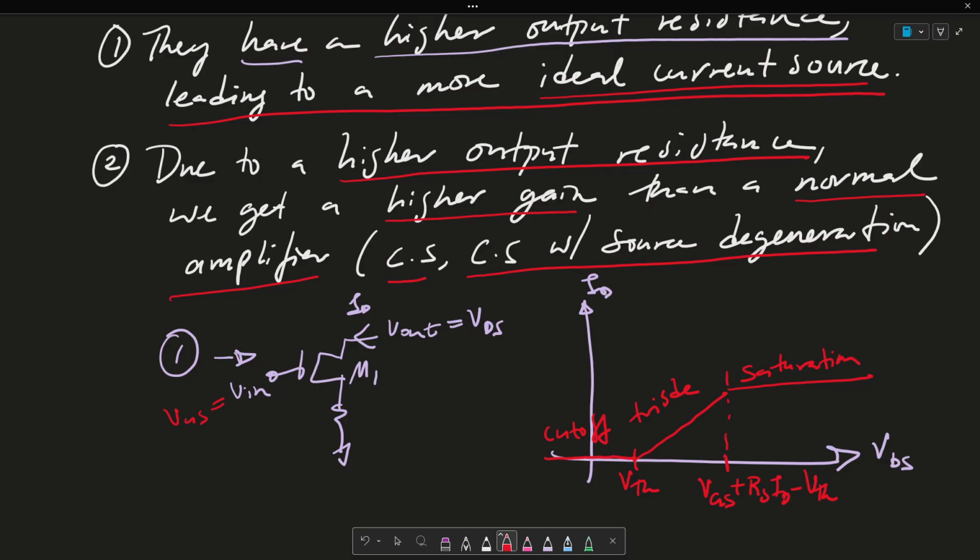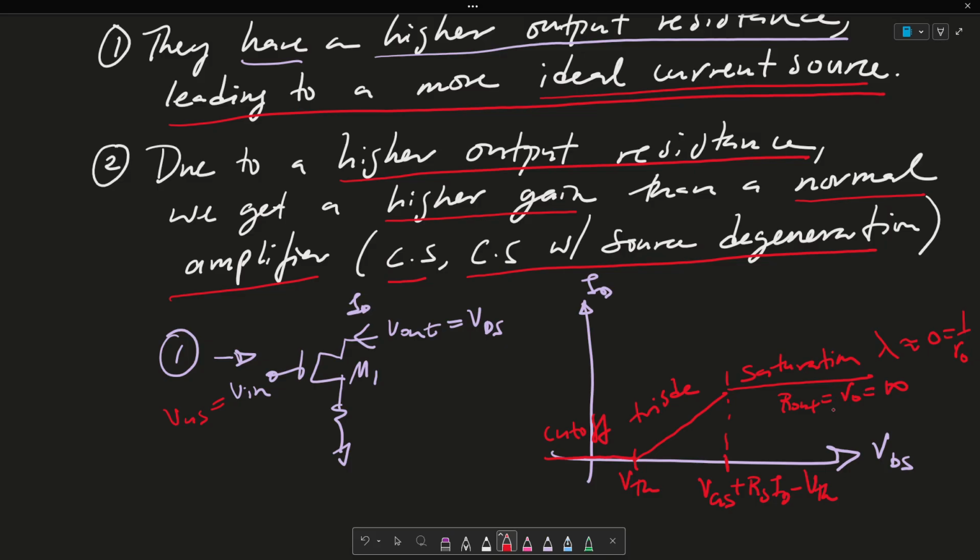And essentially, this lambda, we want to be extremely close to 0, where lambda is 1 over RO, where RO is just R out. So R out equals RO. We want it to be extremely high, very close to infinity.